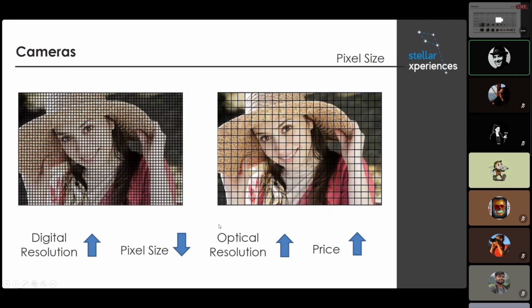So for astrophotography, we stick with somewhere between 18 to 24 megapixels. But if your budget is okay, of course you can go for cameras with 40 million pixels and above. Then you will need to buy some higher-end optics for those types of cameras.